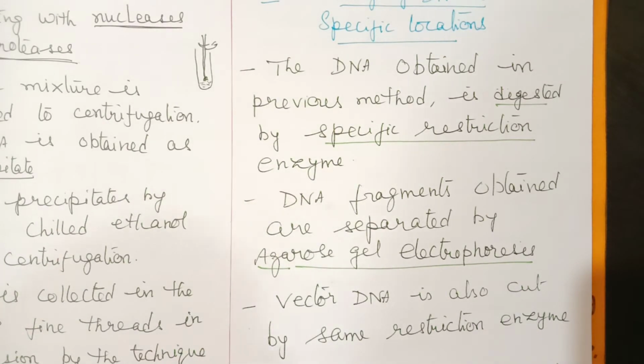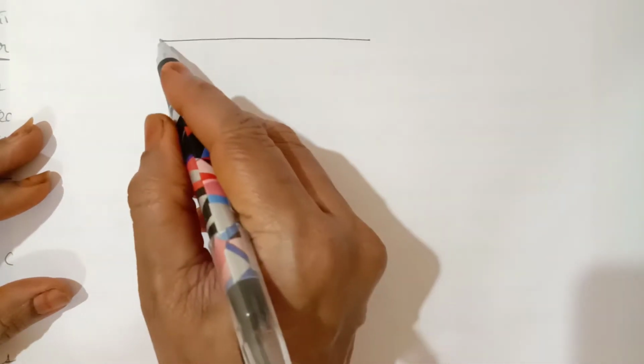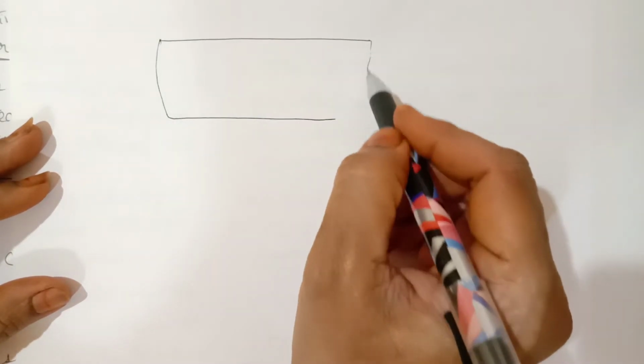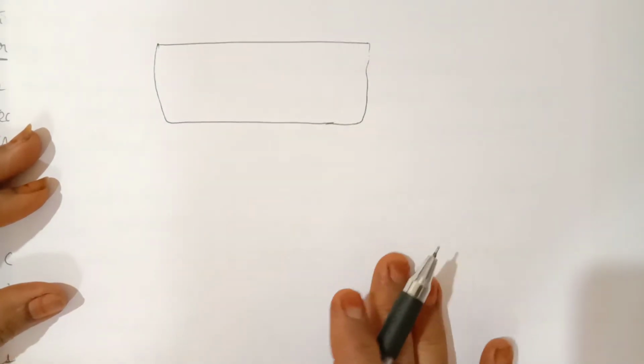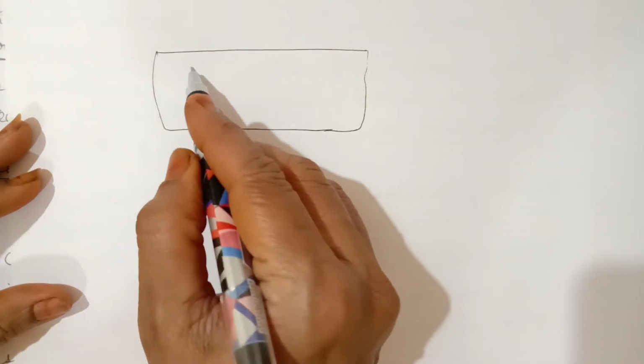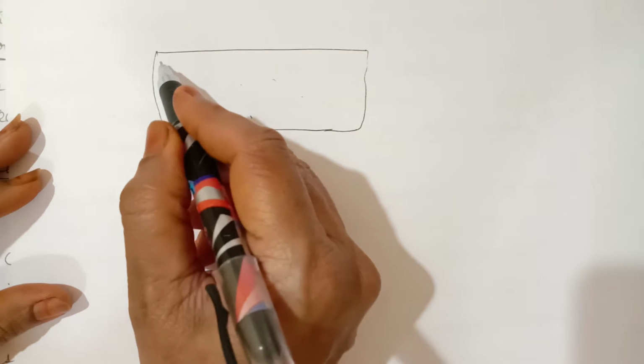Gel electrophoresis is a technique where an agarose gel is taken in a glass plate, and this glass plate is filled with the gel.